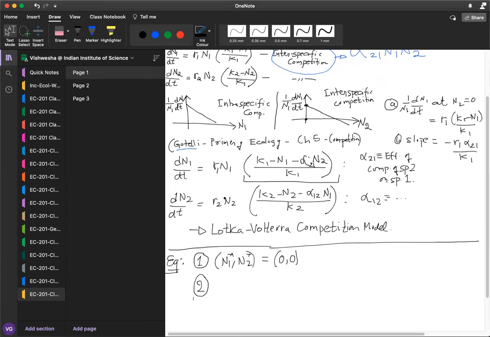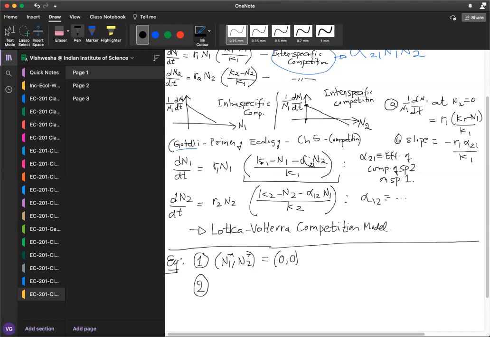So now let's say N2 is 0. In this equation, the second equation now becomes 0, since the second species is absent. And what happens to the equation above? N2 is 0. We don't want to consider N1 as 0 because we have already done that. So let's leave aside the first r1 N1 term. We want the term in the bracket to be 0.